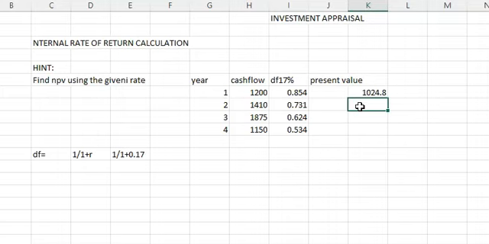When you multiply 1,410 by 0.731, you get 1,030.71. Okay. When you multiply the one in year 3, you get 1,170.0. When you multiply in year 4, you get 614.1.